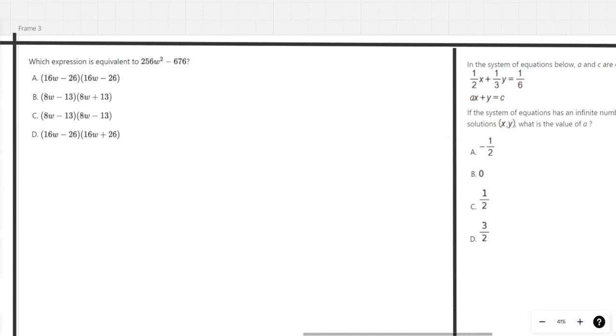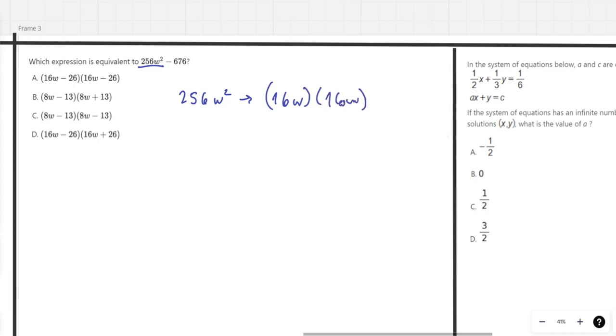Next one here asks, which expression is equivalent to 256w squared minus 676? Well, this looks like a factoring problem, since all of the answer choices are factored. So what I'm going to do is look at the numbers here. And it looks like I could actually factor the 256w squared as 16w times 16w.